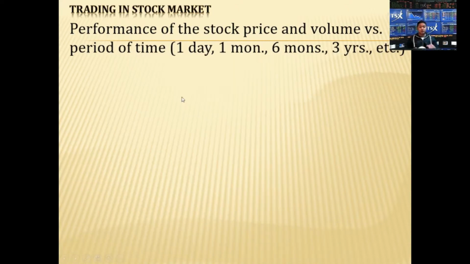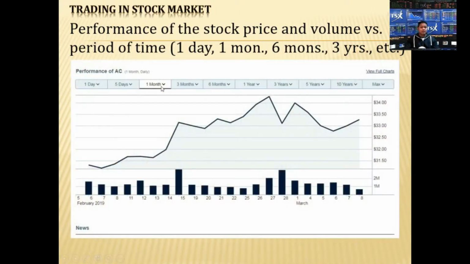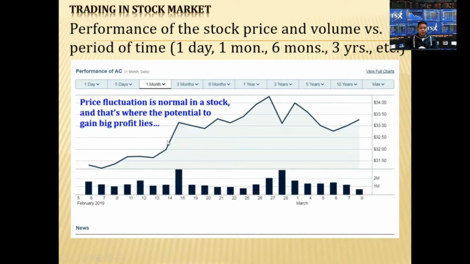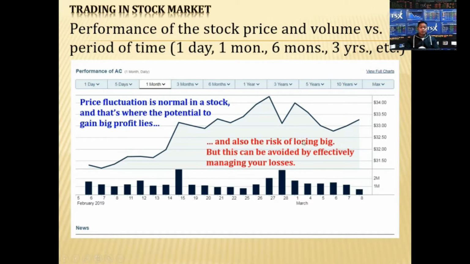If you scroll down on the chart, you will also see the performance of the stock price and the volume versus the period of time. So here you'll see the fluctuation of the price of a particular stock, and that's normal. That's where the potential to gain big profit lies, because the price of a stock sometimes goes down and sometimes it goes up due to different factors, and that's also where the risk of losing big.